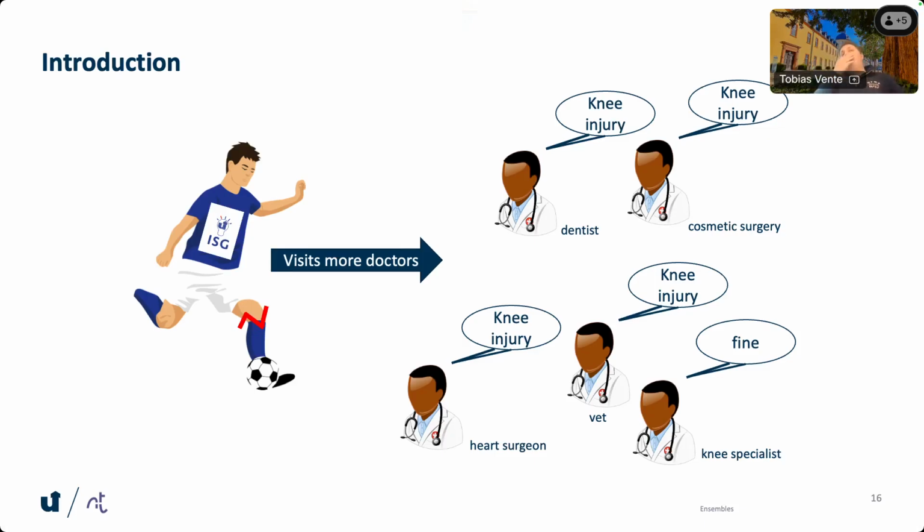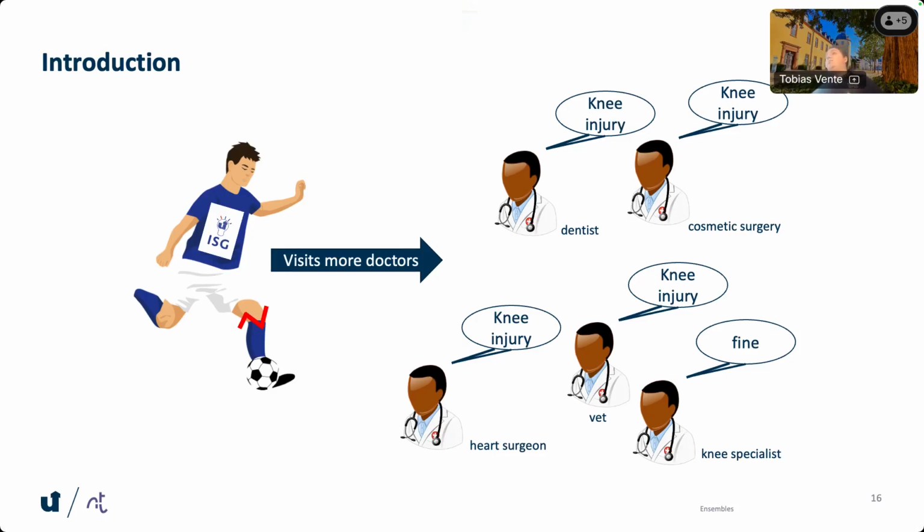And as you say, personally I wouldn't go to a vet to analyze my knee, but there is some chance that even a vet can see if a knee is swollen and in pain. But in general, this is basically what we are doing in ensembling. Instead of relying on a single model, we rely on multiple.